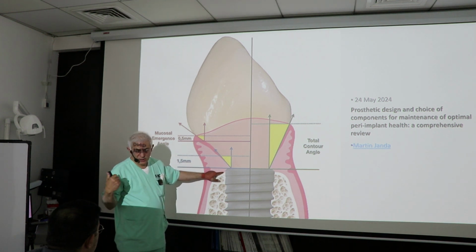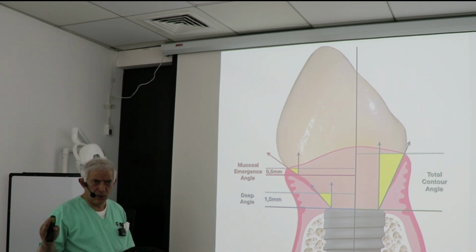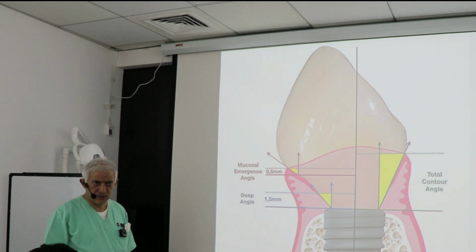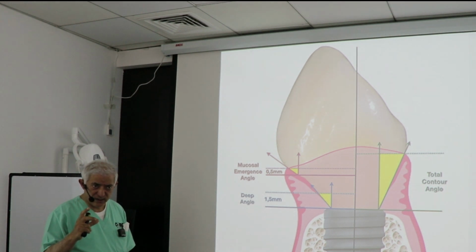Osteoclasts will come because there's stress. What is being clearly published is cortical pressure is the main reason why we lose the first thread after a few months, 5 months, 6 months, 9 months. So that cortical bone should not be stressed from inside.